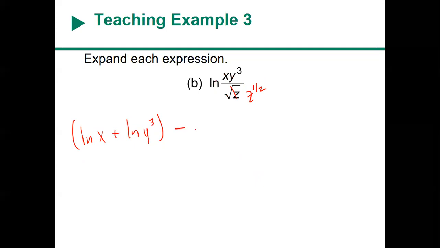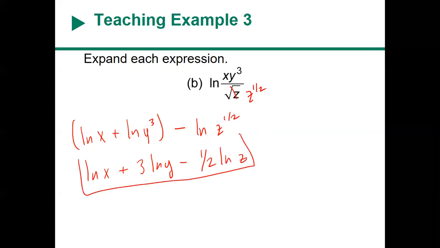Correct? Minus, because it's quotient, my denominator, which is natural log of z to the 1/2. I'm going to keep expanding and putting the natural log of x plus 3 natural log of y minus 1/2 natural log of z. And that's the full expansion.